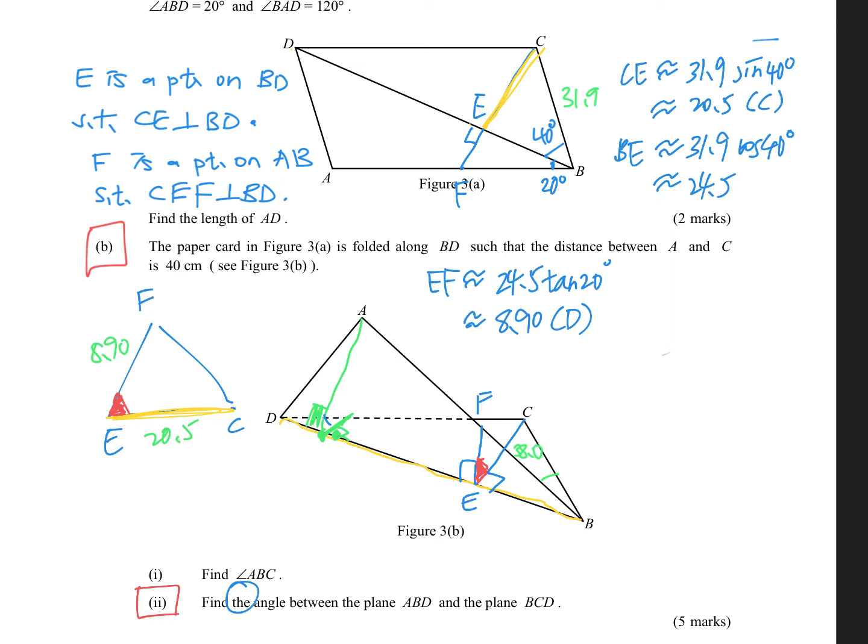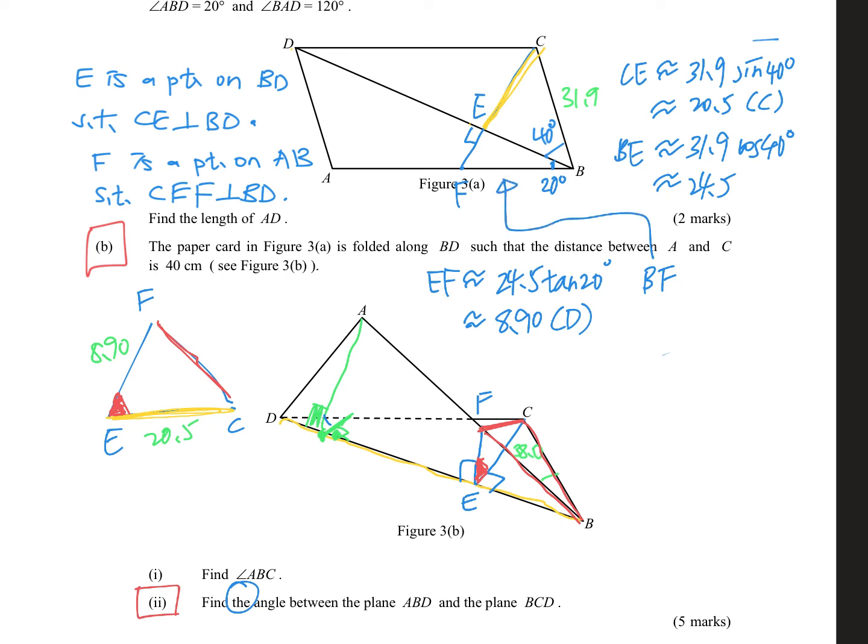Good. And then the key point is how to find FC. For FC, we'll be trying to use this triangle. So we need BF as well. BF would be using this.